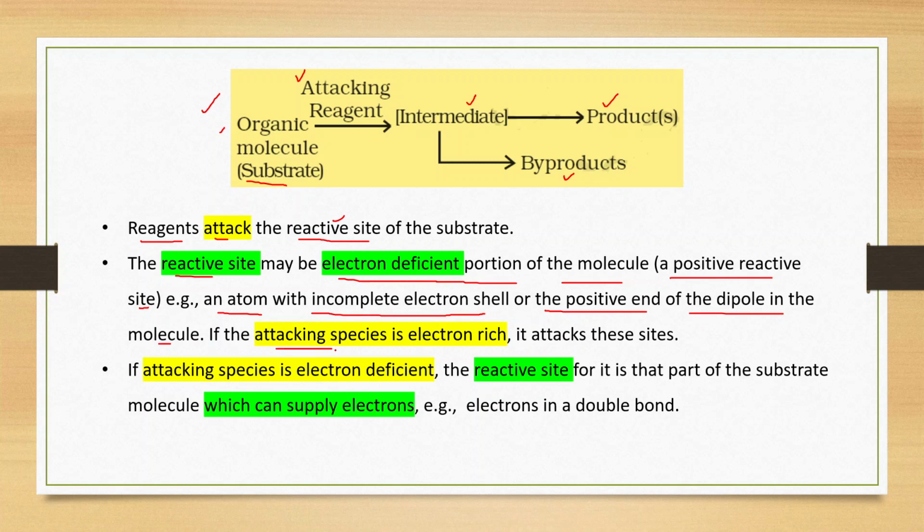If the attacking species is electron rich, it attacks these sites. If the attacking species is electron deficient, the reactive site for it is that part of the substrate molecule which can supply electrons, for example, electrons in a double bond. In this way, an organic reaction takes place.